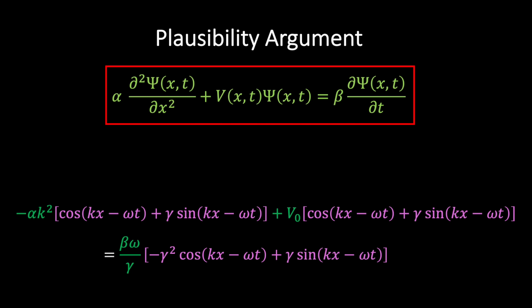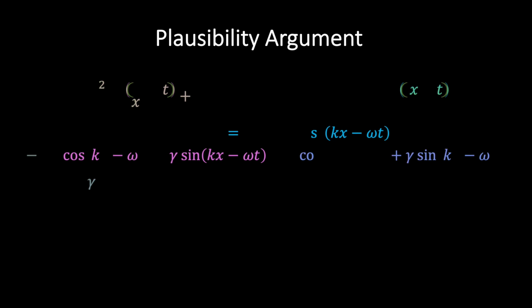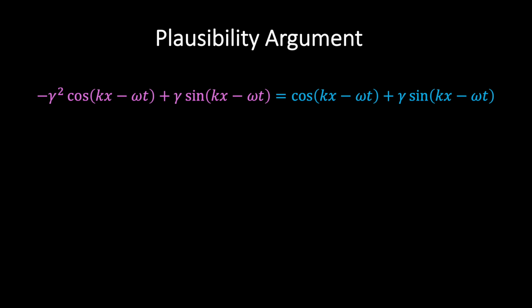Now, hopefully you can see that the two terms in square brackets on the left-hand side of the equation have exactly the same form as our initial proposed wave function. We also notice that the term in square brackets on the right-hand side also very nearly has the same form. However, we see that the minus gamma squared term is preventing it from being exactly the same as the other terms.